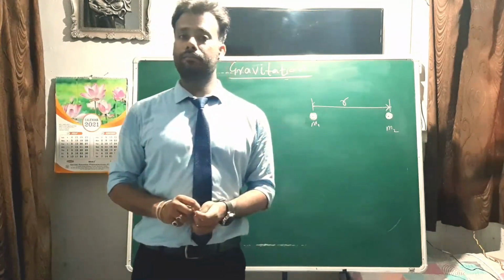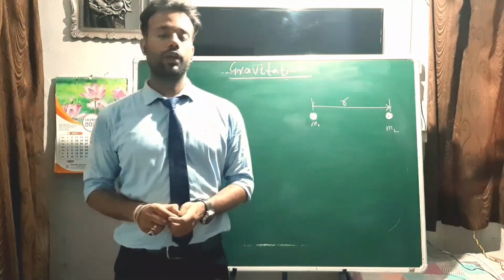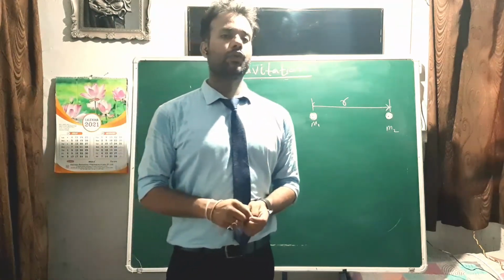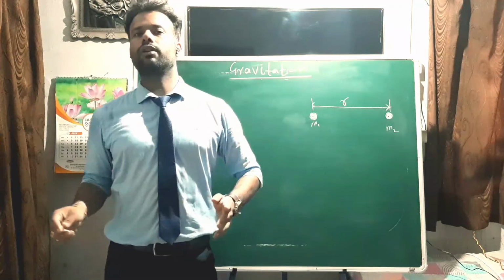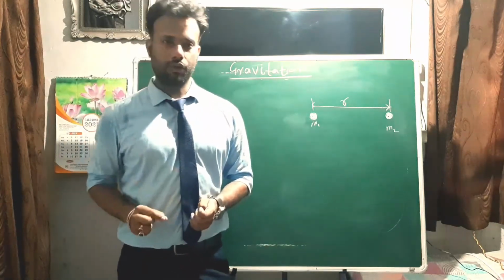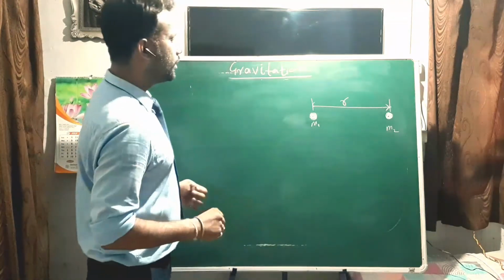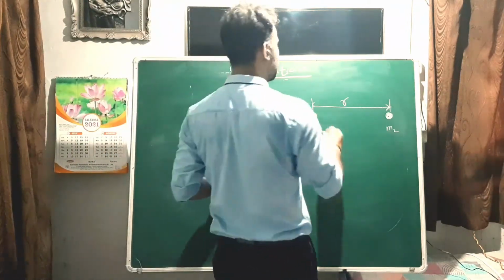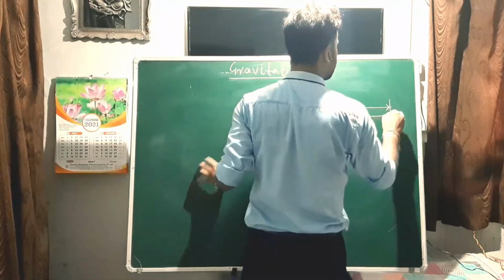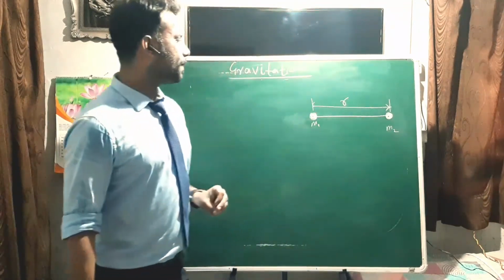So we have seen the magnitude of force. We can find the magnitude of the force with the help of Newton's formula, that F equals to G m1 m2 upon r square. Now because force is a vector quantity, it must have some direction also. What is the direction? It is the line joining these two masses, m1 and m2.